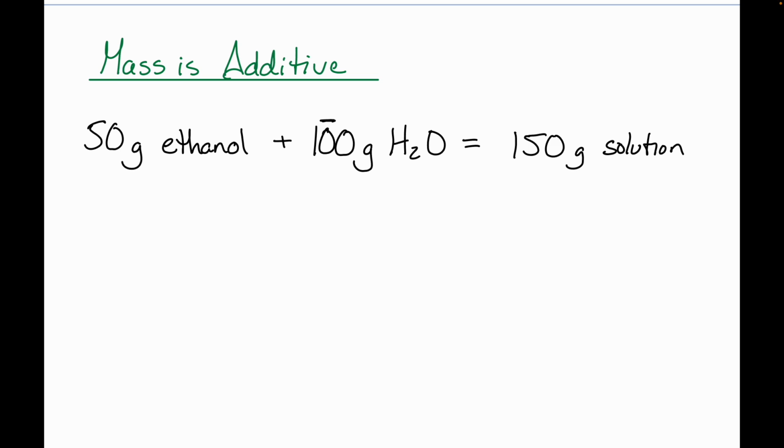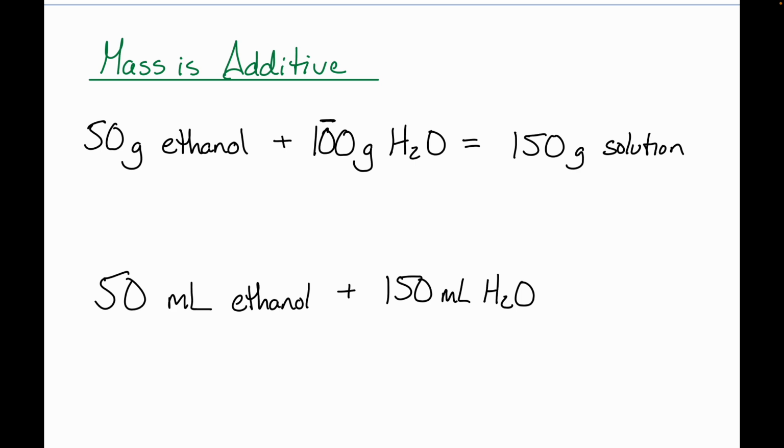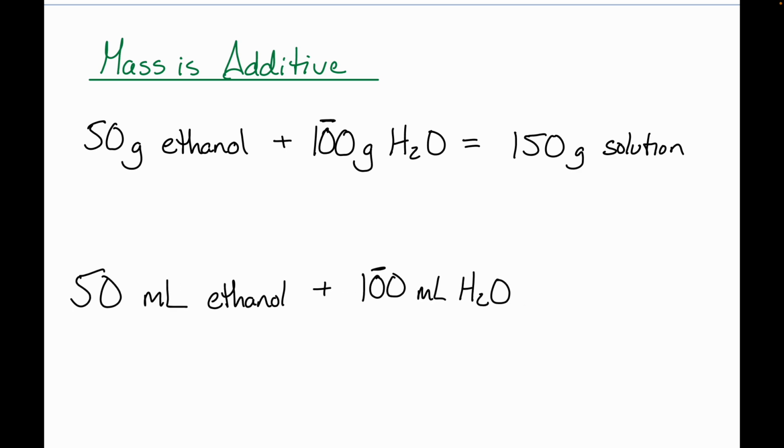But what we like to use in the lab is volume, but volume's a little bit of a pain in the butt because it turns out that if you took 50 milliliters of ethanol and combined that with 100 milliliters of H2O, what volume would you expect to get? 150? Well, in fact, if you mix these two things together, you get more like 140 milliliters of solution.